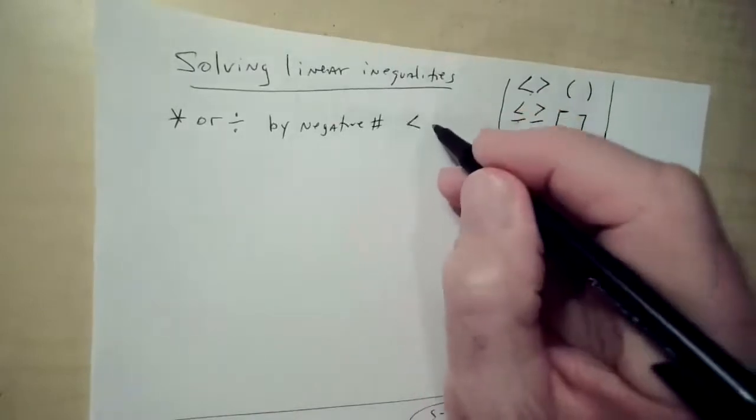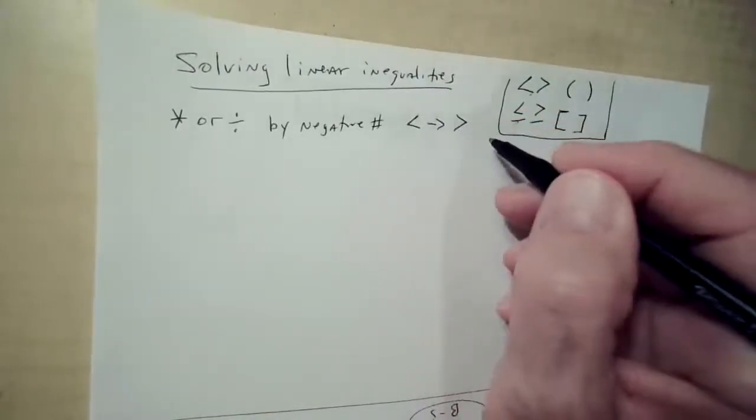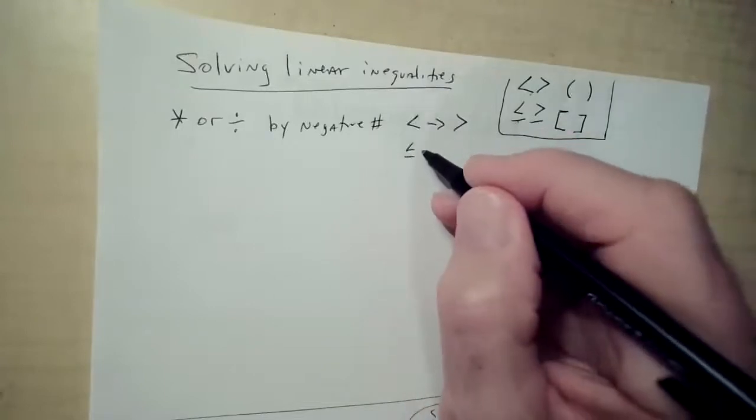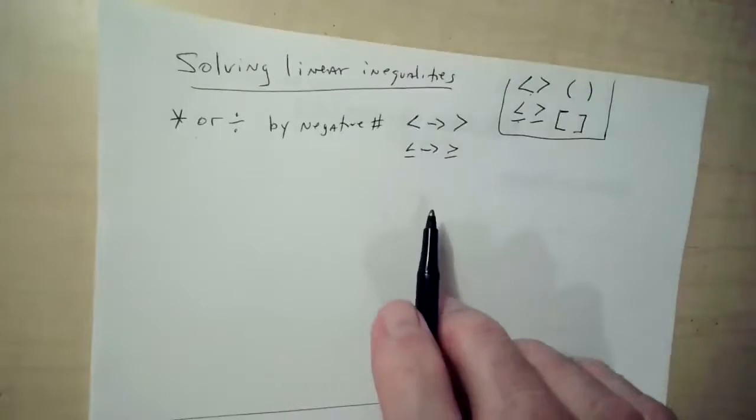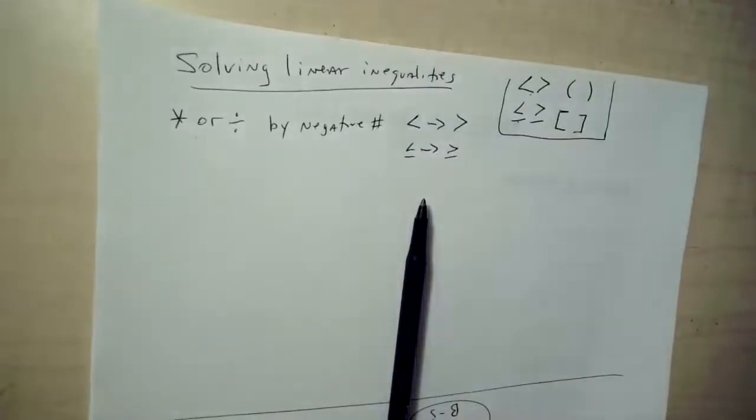Instead of less than, it becomes greater than. Less than or equal to becomes greater than or equal to. Okay? It's really very simple. You solve these just like equations.